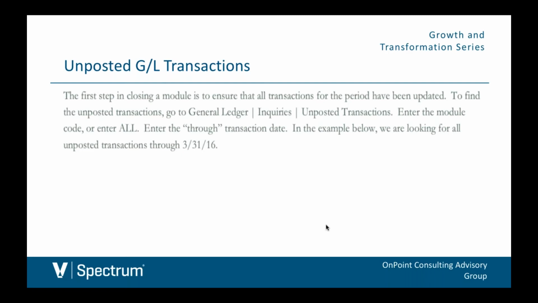Then you can enter a through date. This was in some sample data that I had, but let's say we're in August now, so you're closing through July 31 of 2021. That's the date that you would put in.